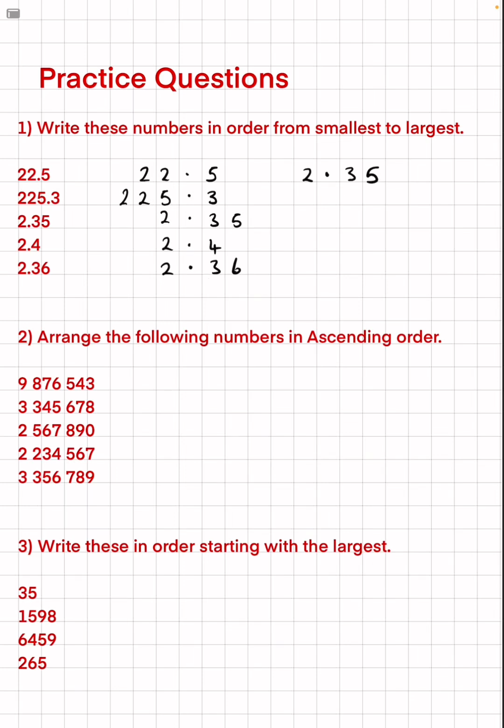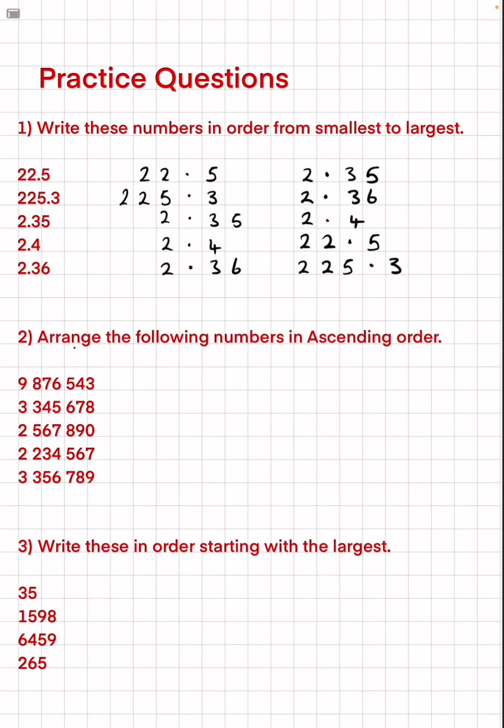The next smallest number is 2.36. The next smallest is 2.4. The next smallest is 22.5. And the largest number is 225.3.